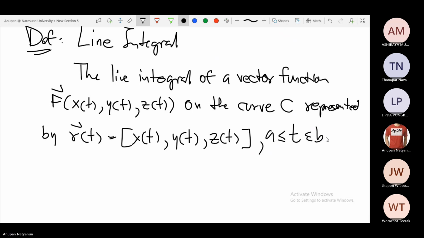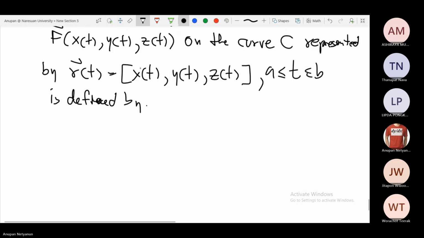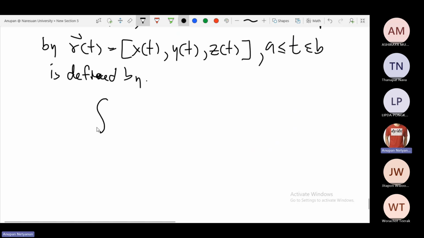Okay? The line integral is defined by the integral on the curve C of vector function f dot dr. Okay? Is equal to the integral from a to b.